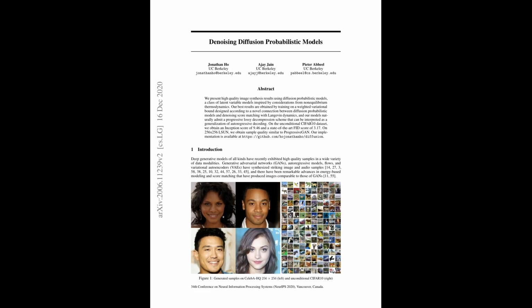Now here's where the paper's key insight comes in, and it's beautiful. When you stare at the term in the variational bound that compares the learned reverse step against the true posterior, you realize that what the network really needs to do at each time step is figure out what noise was added to produce the current noisy image.